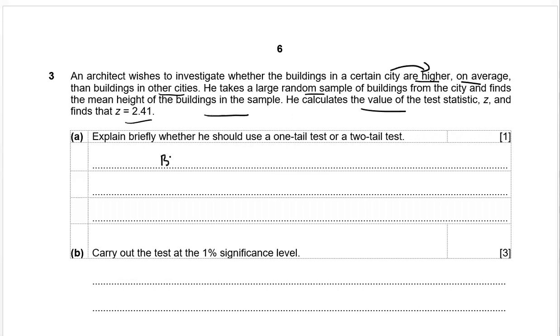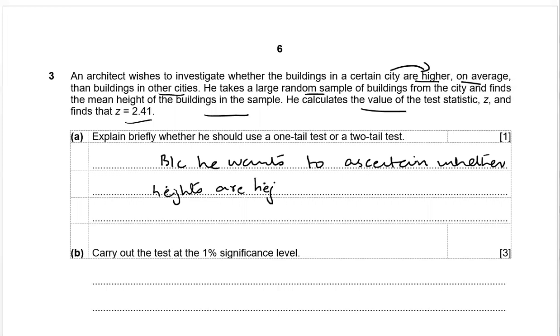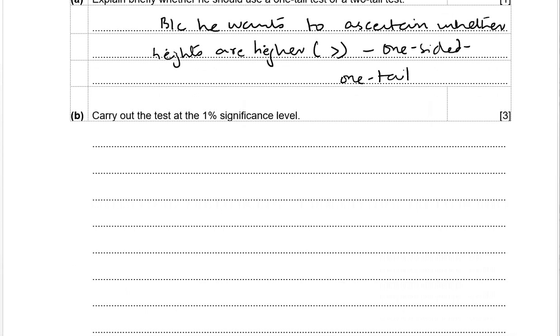Because he wants to ascertain whether heights are higher, higher means greater, so one-sided means one tail, right? Carry out a test at the one significant level.